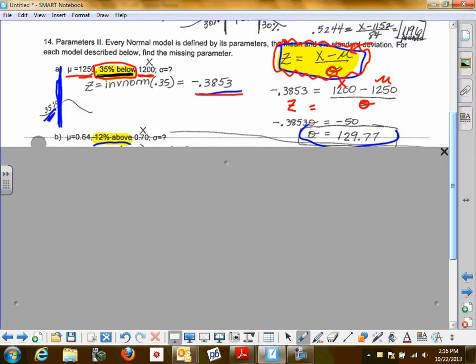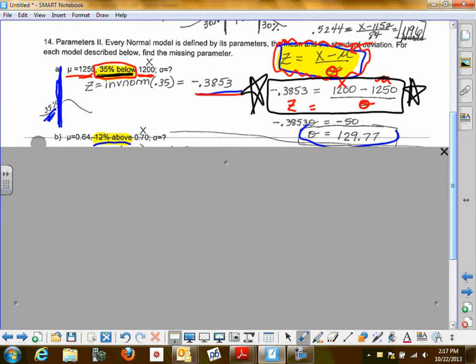Now, I will tell you, on AP, this filling in is required. So this step right here that I just marked, you have to have written down. Okay? And then you don't have to show me how you solved it from there on out. But you have to do this step right here.